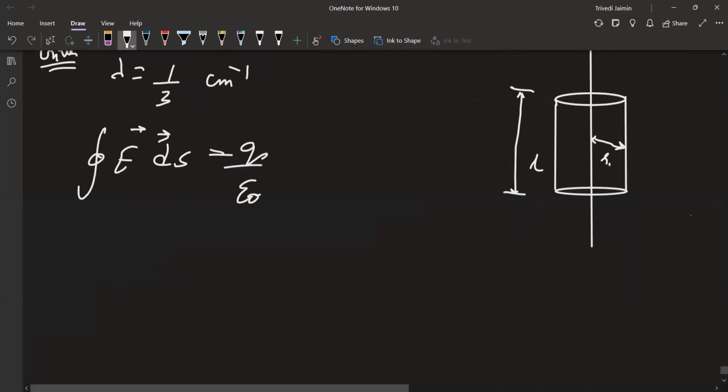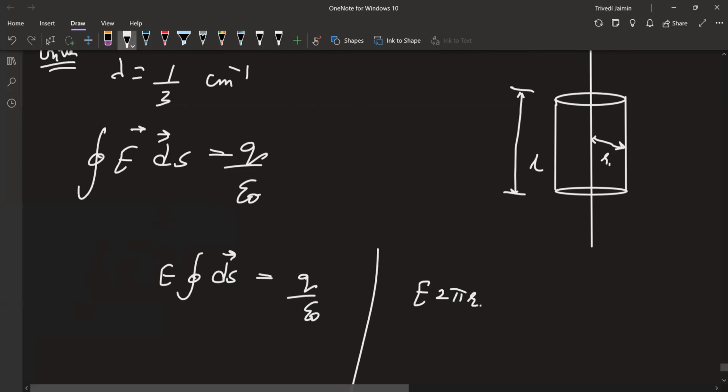As usual, pi r square will be pi r, here 2 pi r L. Same thing we are doing, nothing big here.